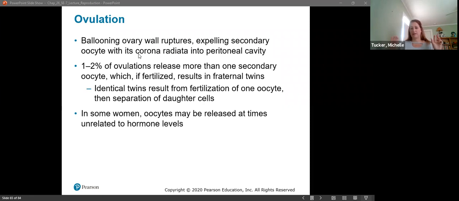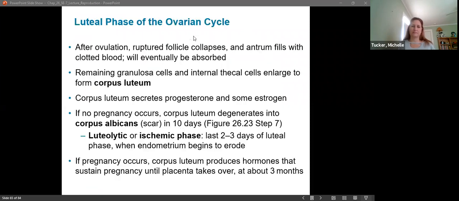Sometimes this happens when each ovary has a dominant follicle, and if both are fertilized, that results in fraternal twins. Identical twins result from the fertilization of one oocyte, and then they separate somewhere in the first 7, 10, 14 days of development. Okay, so follicular phase, ovulation, luteal phase.